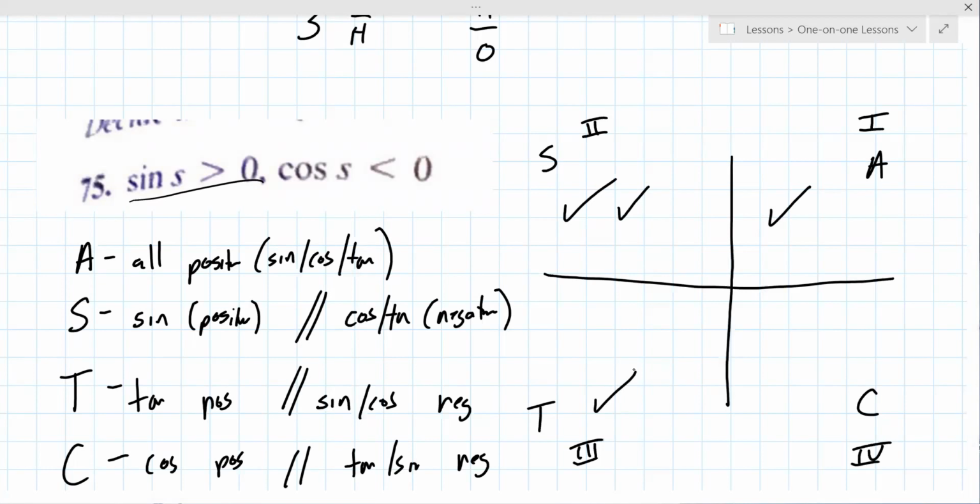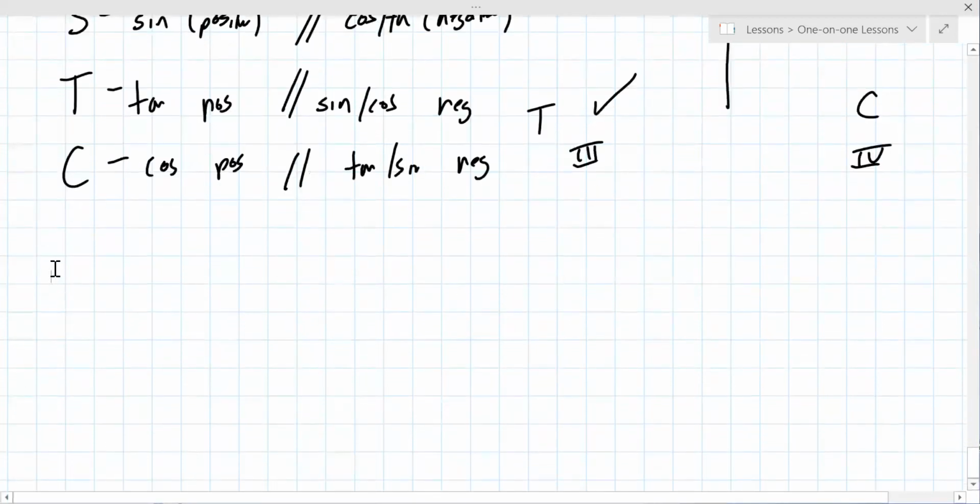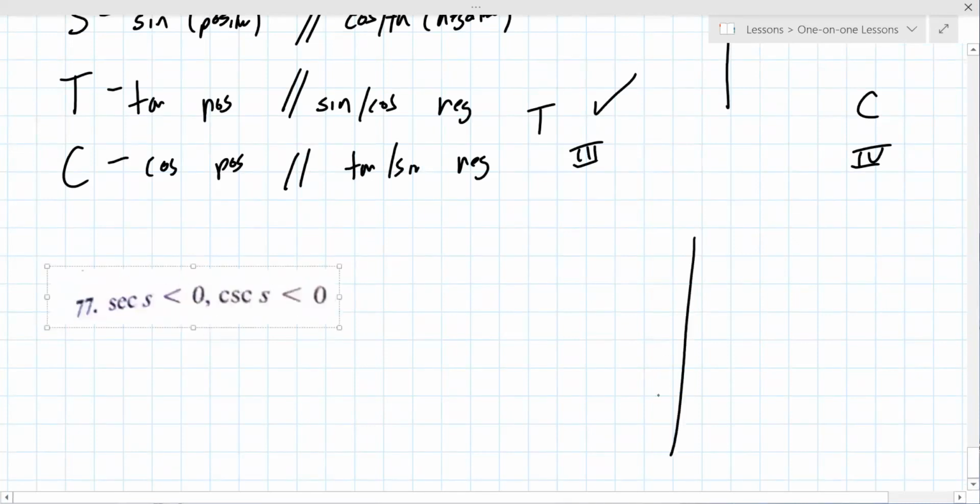There are other ways to do this, but this is the best way to do it for all the questions you're going to see in all the math you take. The mnemonic is: all students take calculus.